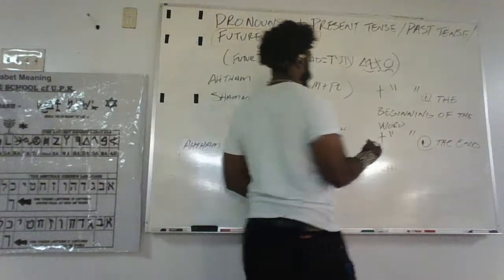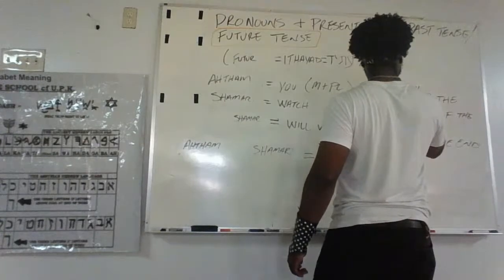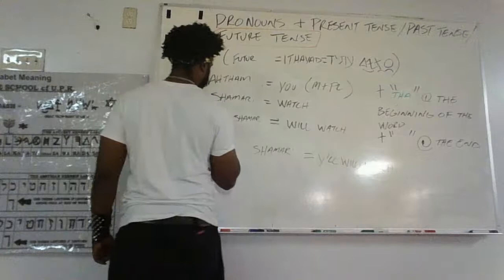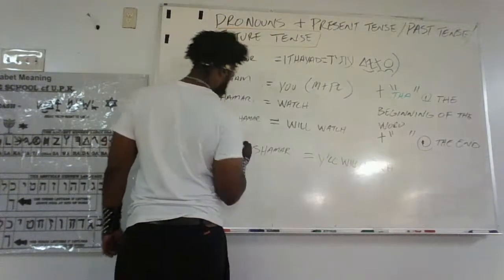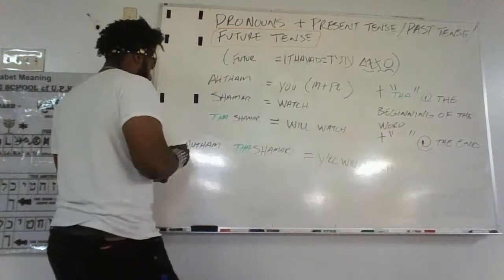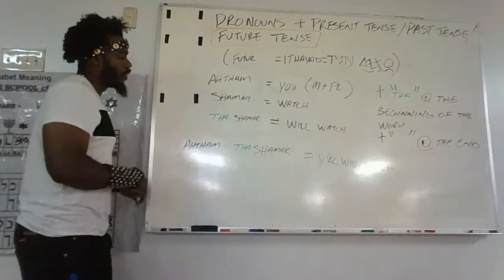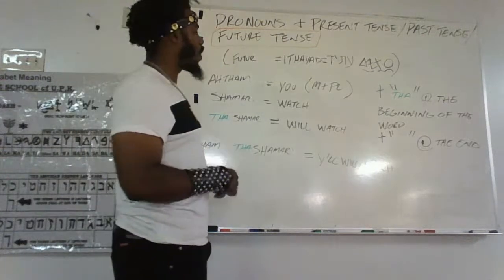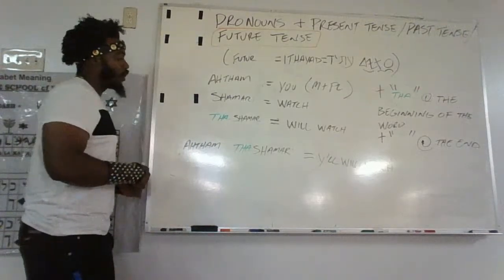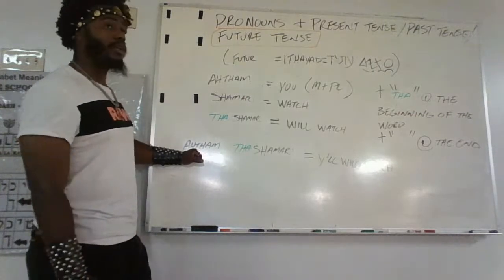So when it's you, masculine plural, put a tha in the beginning. All right. So it's going to be atem tha shamar, which means y'all will watch. Talking about a group of men. The way you know you're talking about a group of men is when tha is in the beginning, by the pronoun, atem.